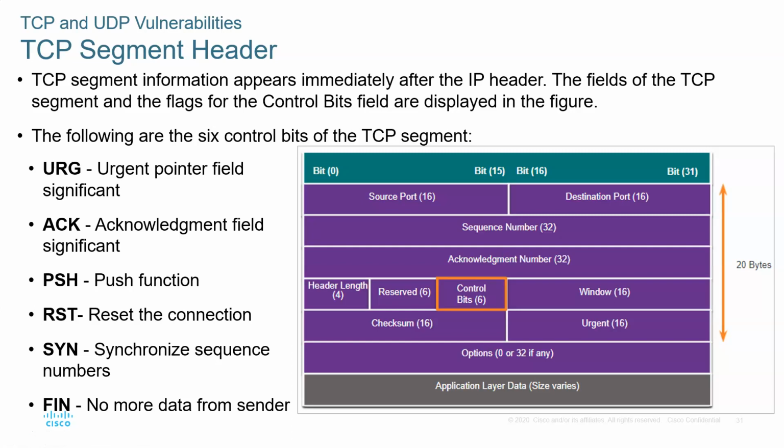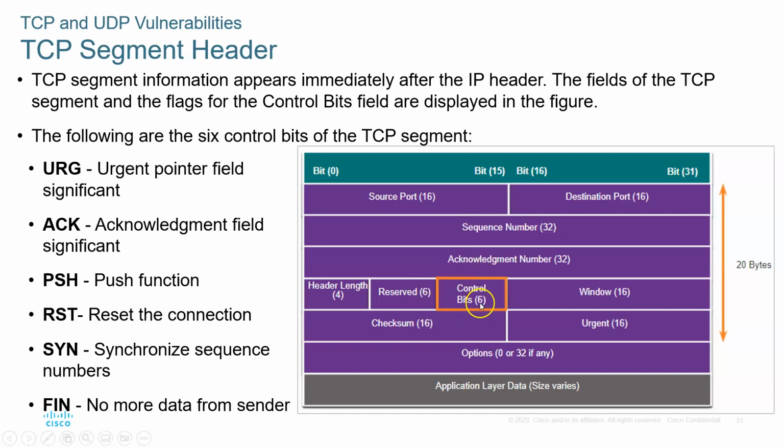All these labels with the data that came from the application layer is what creates the TCP segment. And the header is 20 bytes, and there are a lot of labels in there. The control bits are what you can use to have a connection-oriented session connection, to keep track of the packets that are being sent.